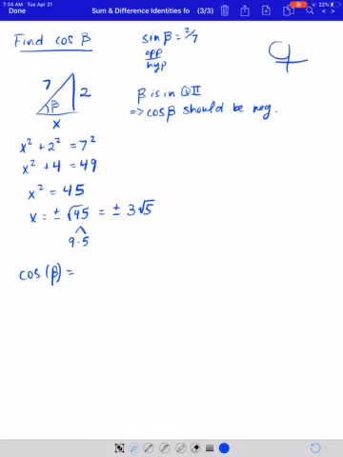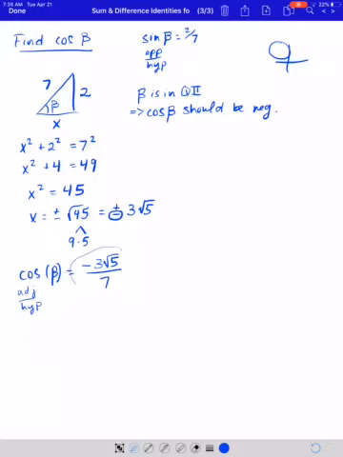In the second quadrant, cosine, the x value, is negative. So that means we are going to use this negative sign. We construct cosine of beta, adjacent over hypotenuse. So what we'll get is negative 3 root 5 over our hypotenuse, which is 7.